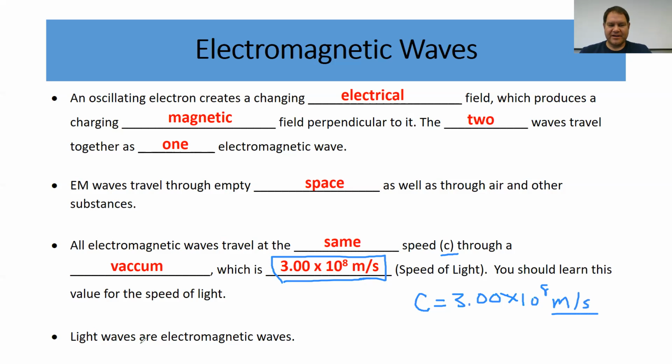And of course, light waves, we've already referred to this, light waves are electromagnetic waves, okay? Electromagnetic waves is more the correct term for light, in the sense that it has more explanation than when we simply say light. More vastness to it, I guess.